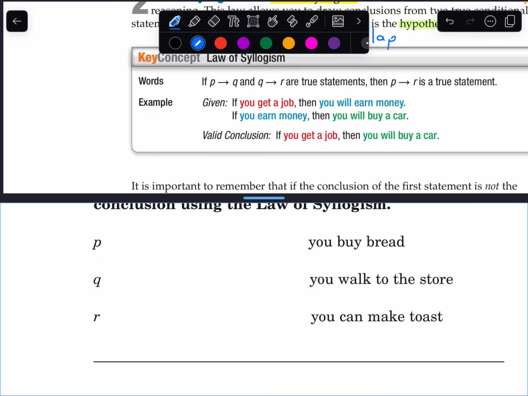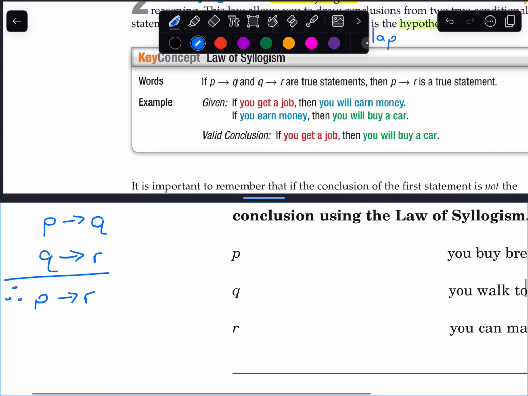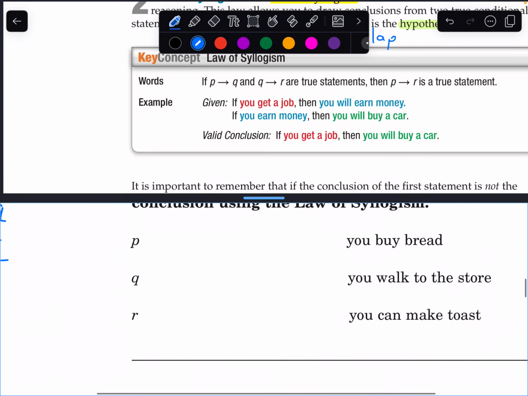Technically, we don't have to use those letters in that order. But to make it interesting, let's try to stick to that so we actually get some crisscrossing lines here. So what's the first thing we could use here? What is the first inciting incident that could lead to another one? I think the first thing would have to be you walk to the store. And that implies, P implies Q, you walk to the store.